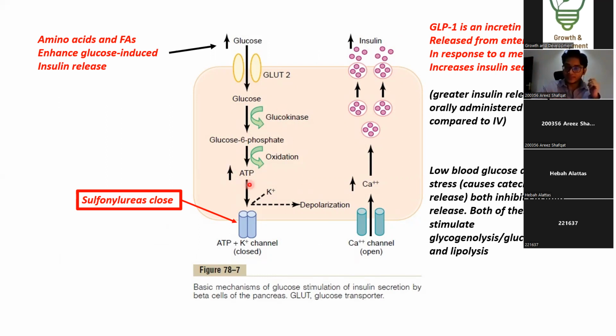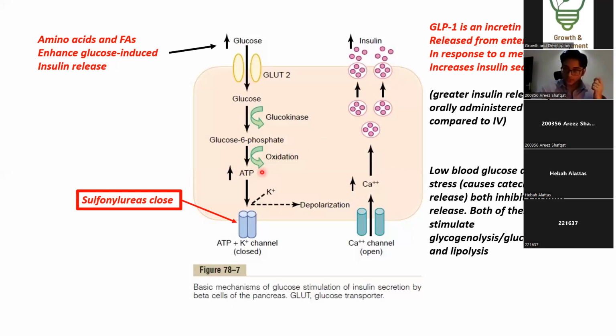Then it generates ATP. High ATP, because of more glucose coming in, closes ATP-sensitive potassium channels. More potassium stays inside the cell, causing depolarization, which opens calcium channels. Calcium comes into the cell. Vesicles containing insulin and C-peptide are released from the cell.